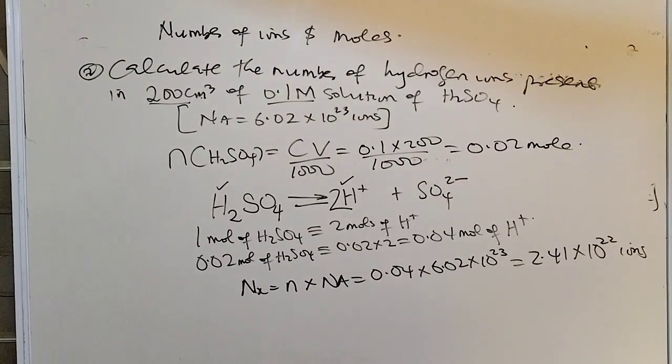Having done that, we'll now move over to the 5th formula for finding number of moles. We have done 4 formulas. We have done mole equal to mass over atomic mass, mole equal to mass over molar mass, mole equal to CV over 1000, and then mole equal to NS over Avogadro's constant. We'll now go to the 5th formula.